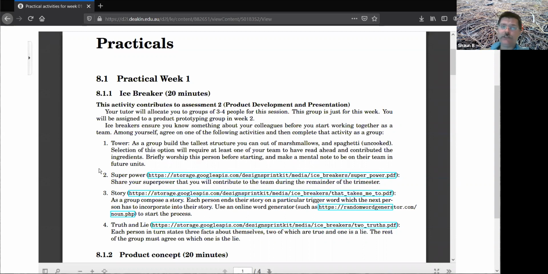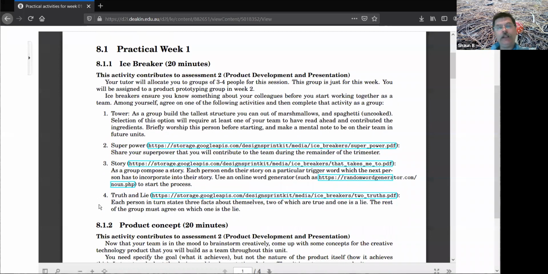And of course, there are opportunities to build your own superpowers with some of the technologies during this unit as well. The story exercise is one where somebody writes the first line or paragraph and then passes it over to another member of the team to carry on with the story, and then you can circulate that around a couple of times in order to see what story develops.